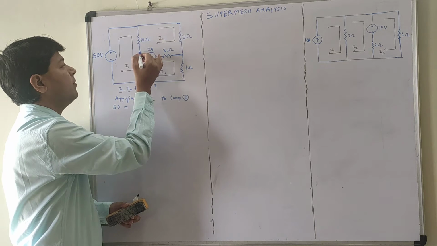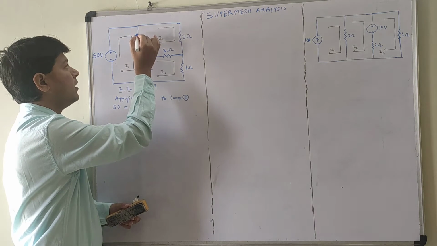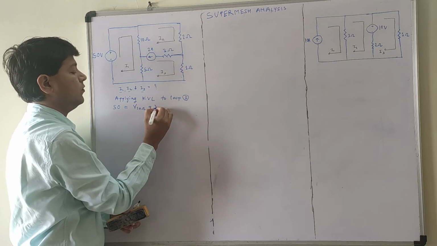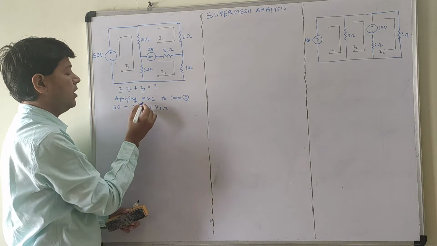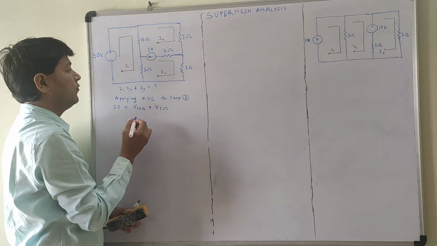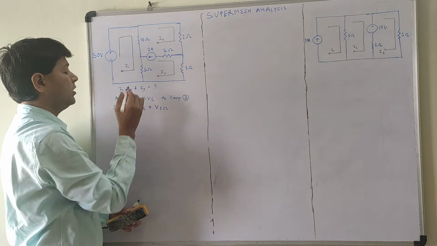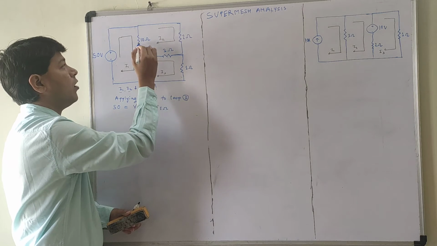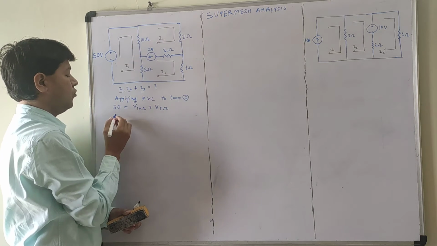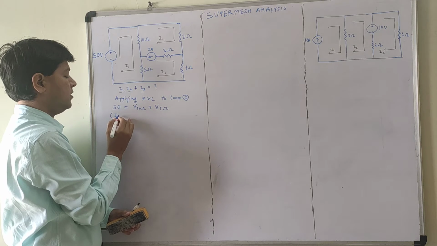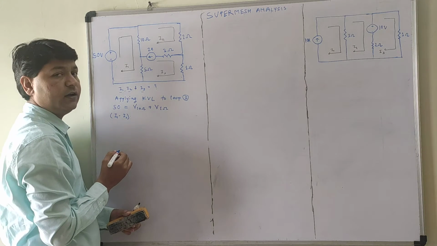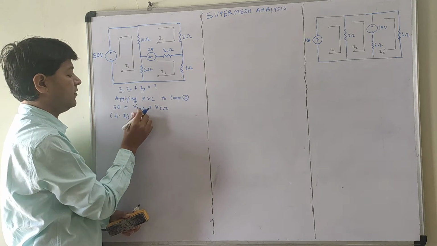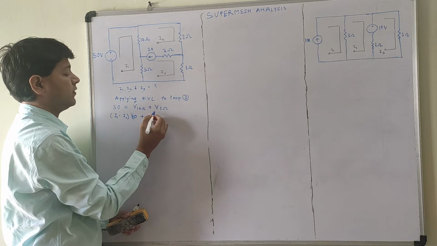Now I am coming to the 10 ohm resistor. V is equal to I into R, so it is given by the voltage across 10 ohm plus the voltage across 5 ohm. Voltage across 10 ohm, V10, is I into R. The current flowing through this 10 ohm resistor: I1 is flowing in this direction, and I2 is opposing this I1, so it is I1 minus I2, into the value of resistor, 10 ohm, plus the voltage across 5 ohm.